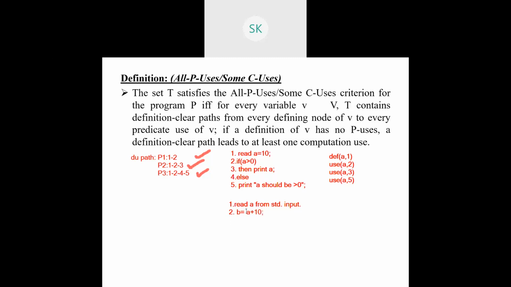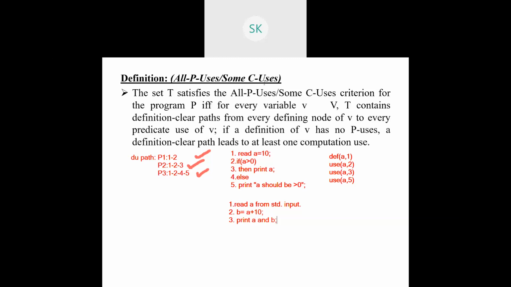Third, print A, and that's all. Here there are no predicate uses. At this point, we need to select at least one computational use in that scenario. That's what it says with respect to all P uses for some C uses.